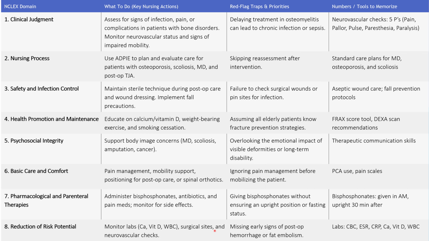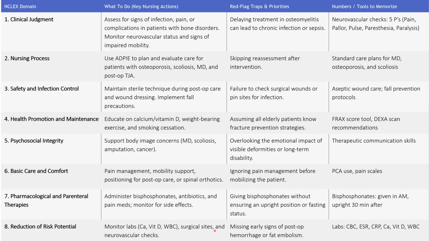To remember the 5 P's, it's always with musculoskeletal: pain, pallor, pulse, paresthesia, paralysis. So it's very, very important. Nursing process, use ADPIE to plan and evaluate care for patients with osteoporosis, scoliosis, muscular dystrophy, and post-op total joint arthroplasty.